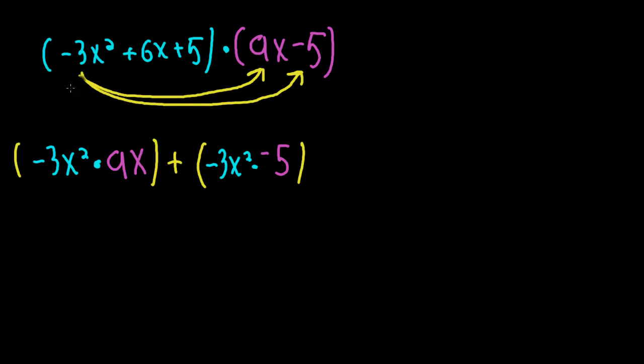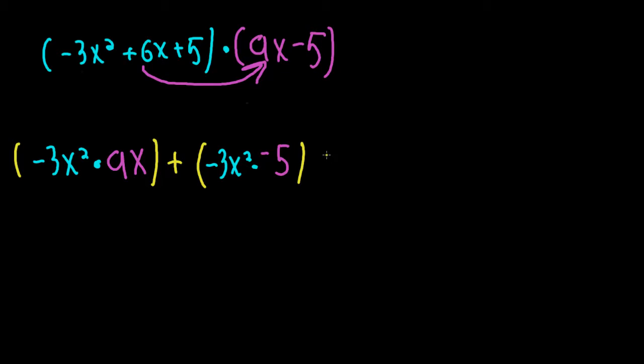Alright, with that out of the way, we can get started on the second term we're going to distribute, which is 6x. So we have plus 6x times 9x. I'm just writing it out in full just so you can see everything that's going on.